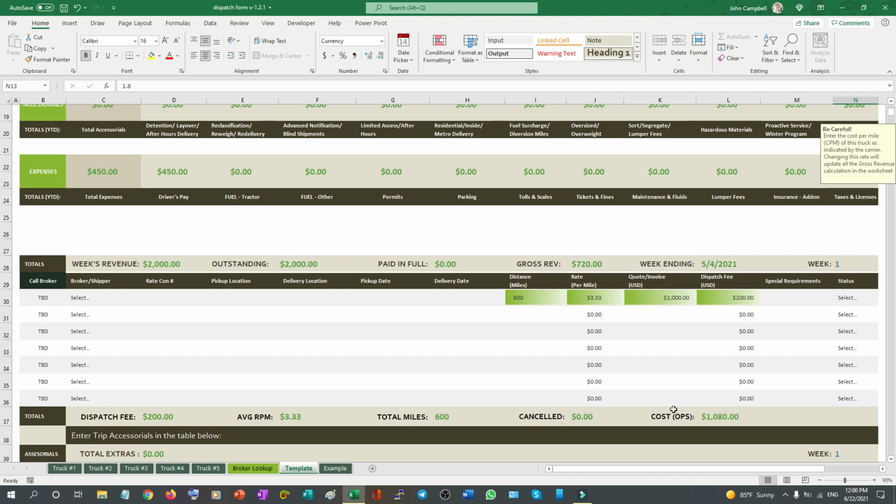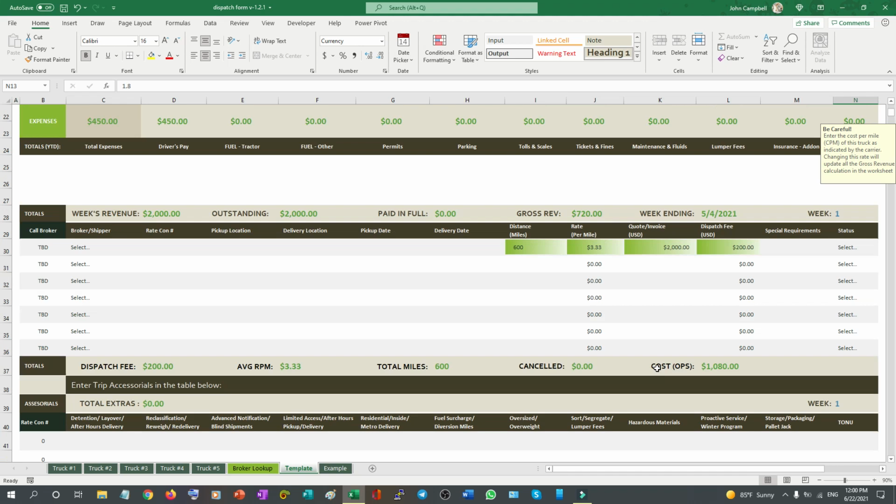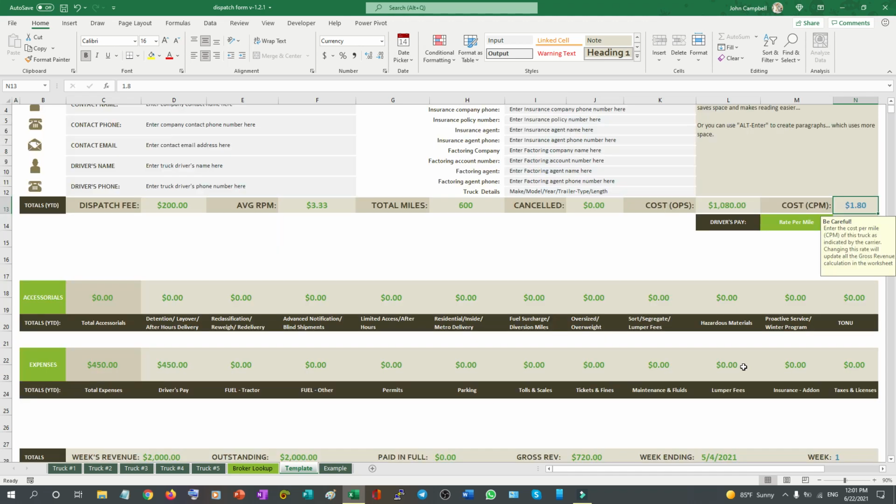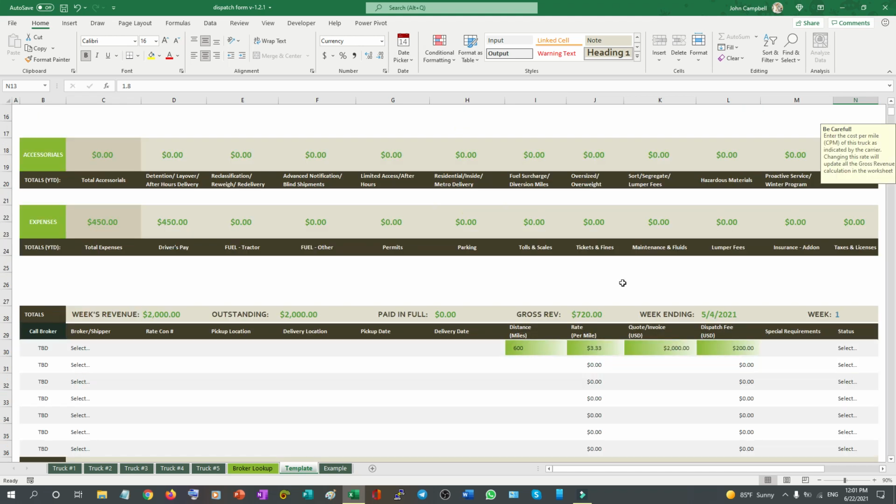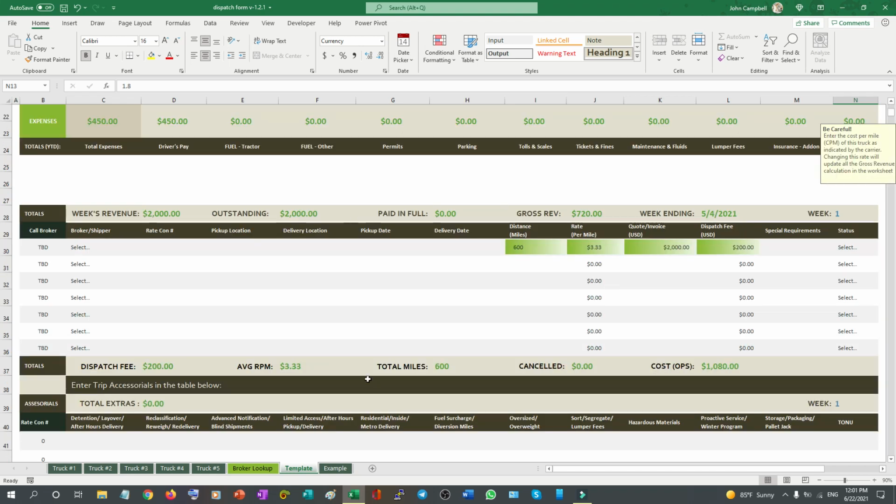So out of this $2,000, your cost of operating your truck for that trip is coming in at $1,080, assuming that you are running your truck at $1.80 per mile. This is the same throughout the entire form.